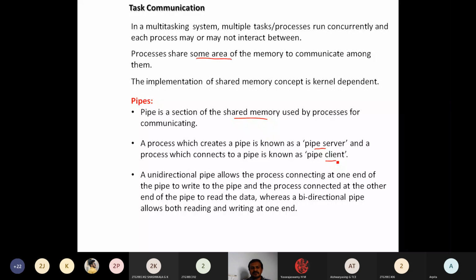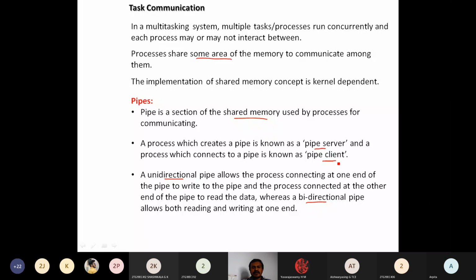A pipe may be unidirectional or bidirectional, depending on the task and requirement when two processes interact. What is unidirectional? At one end of the pipe, the pipe server sends the data, and at the other end, the pipe client reads the data.